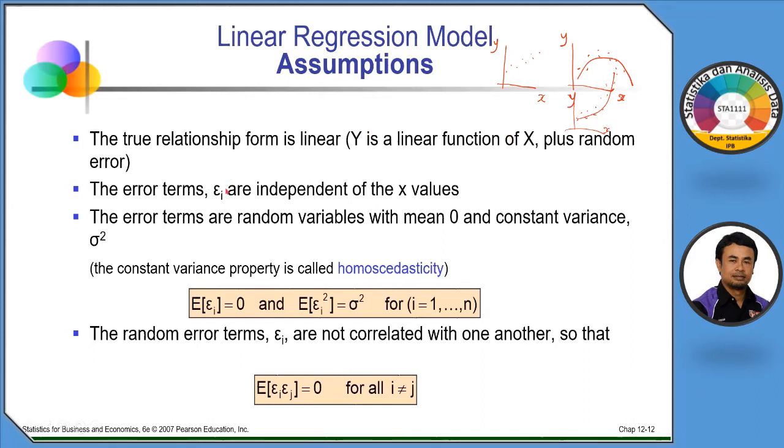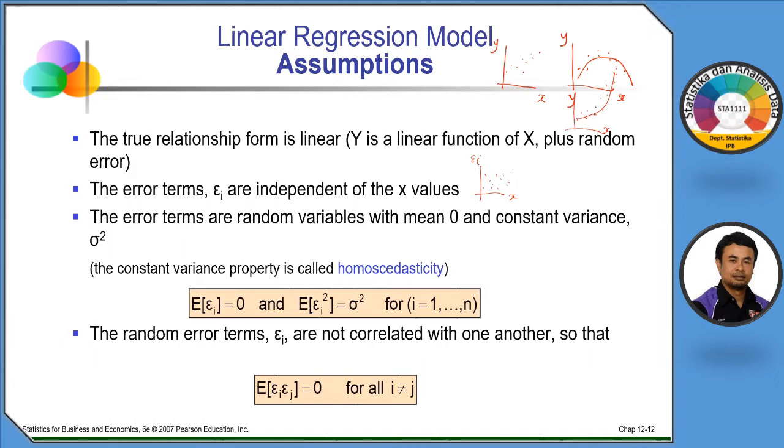Okay, so the error term here, the epsilon i, are independent of the x values, right? So there is no pattern of the relationship between epsilon i and the x values. So that later on, if you make a plot between, for example, epsilon i and the x here, there is no pattern, it must be scattered without any pattern, right?